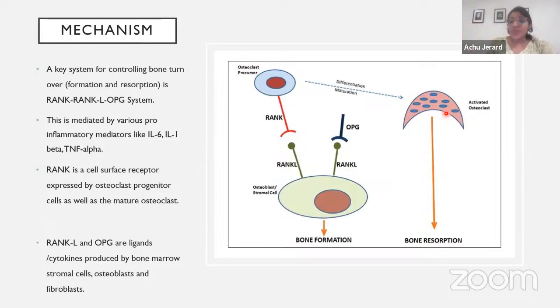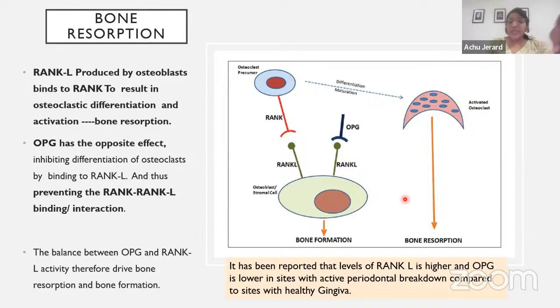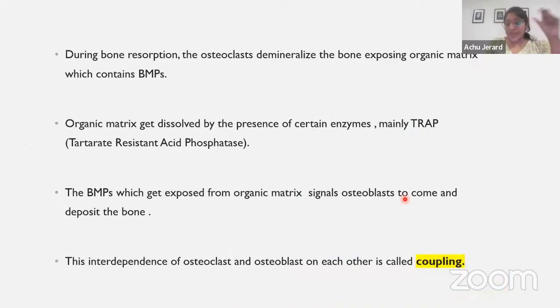So these proteins will go and stimulate the osteoblast and signal them for the bone formation. So it is like a cycle. That is how wonderfully they are interconnected. This interdependency on each other is called coupling.